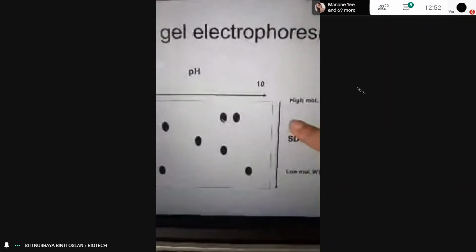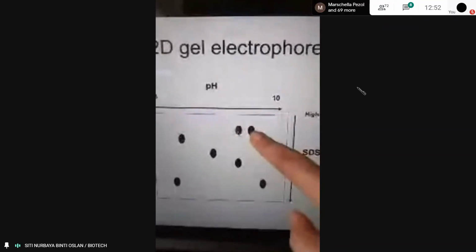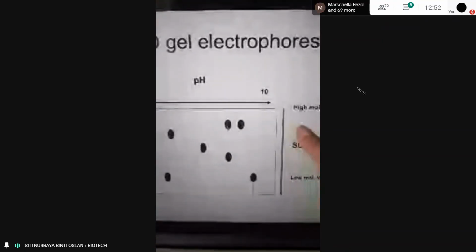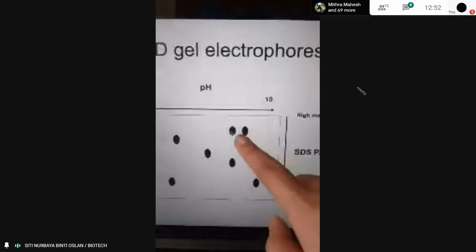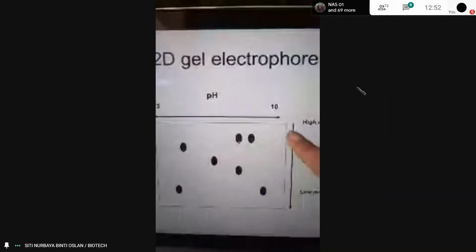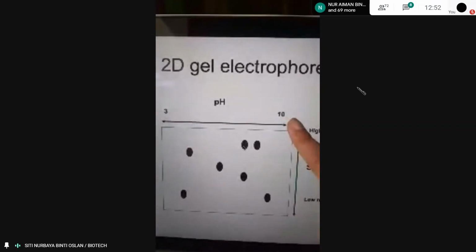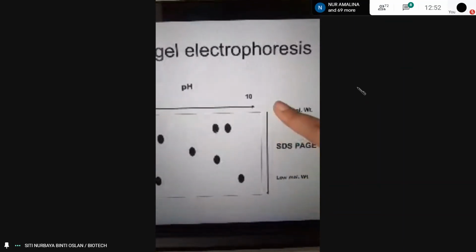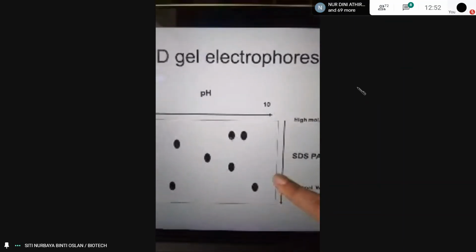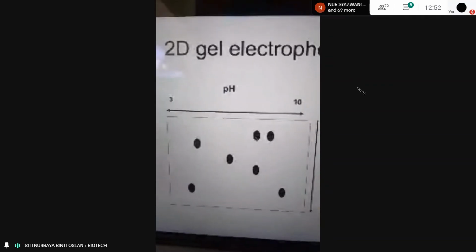If this is 100 kilodalton, these two dots will be represented as one band if we have used only SDS-PAGE and we do not separate them based on the pI. But when we do this 2D electrophoresis, first they are separated based on the pI. Second, they are separated based on the SDS-PAGE. So that we can see here, okay, they are two different proteins basically.